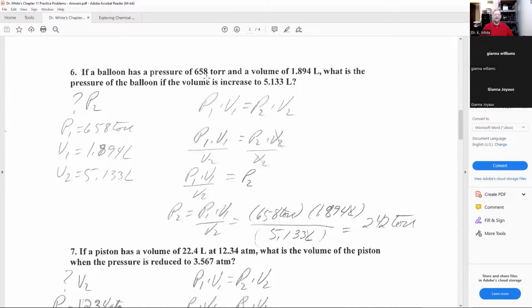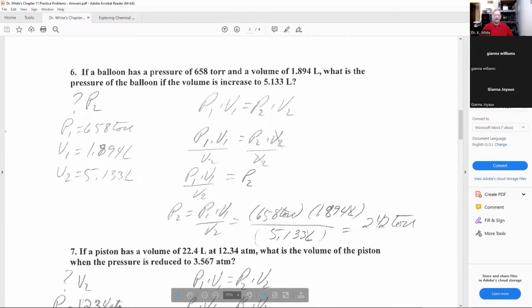Now, the initial pressure we call P1. The initial volume we call V1. The final volume we call V2, and we're trying to find the final pressure P2.